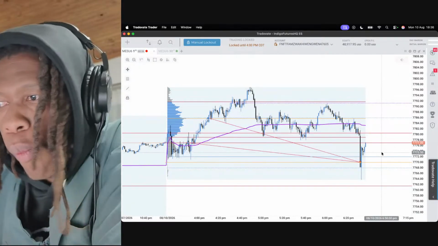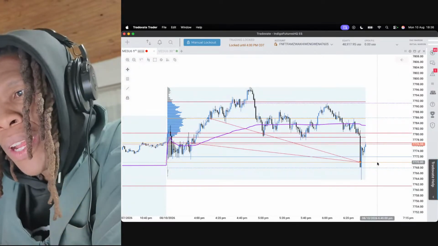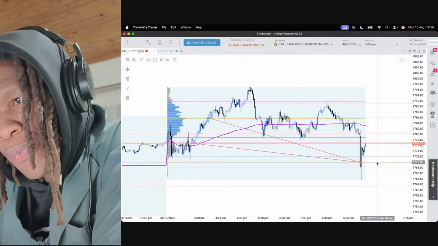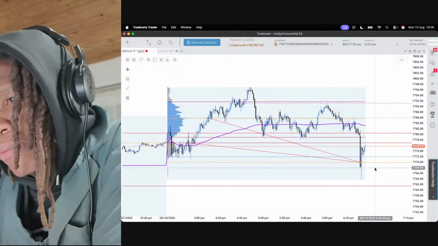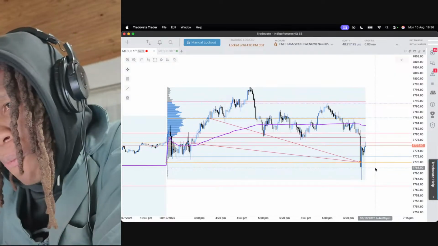You know, I'm also not mad at where we put our stop. Had we put it here, we would have lost more money.